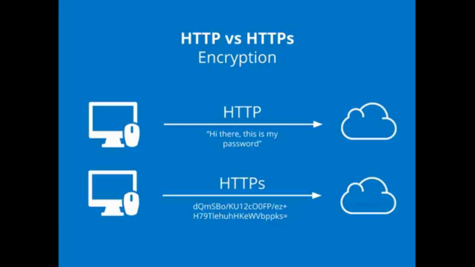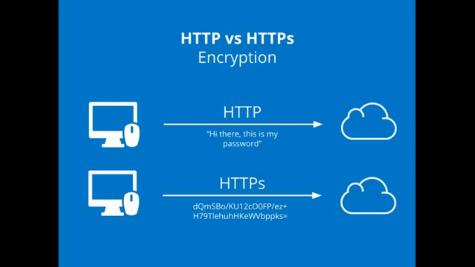Okay. So what happens when you use HTTP and when you use HTTPS? Usually we have to send passwords or data to the cloud. If you use HTTP, you just send plain text. So you say to the server, hi there, this is my password, and you are sending your password.